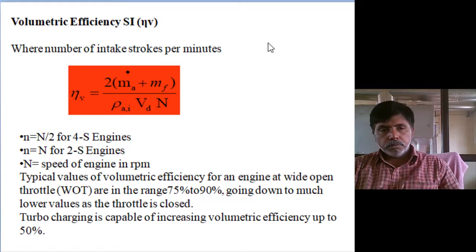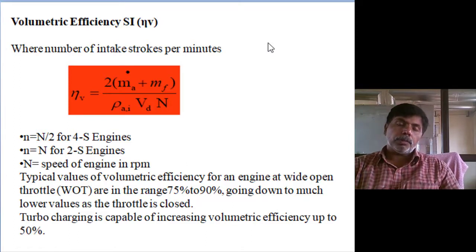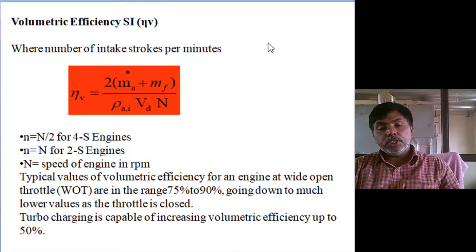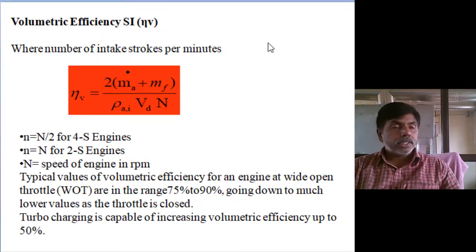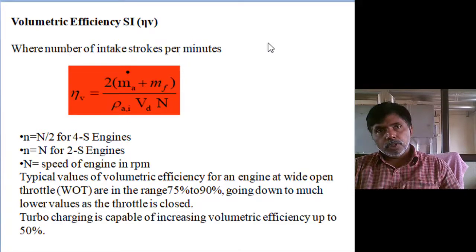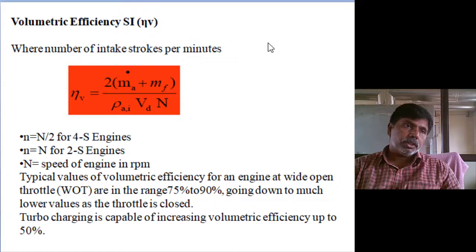Coming to compression ignition engines, in compression ignition engines we are doing supercharging and turbocharging. We can get 50% excess volumetric efficiency.